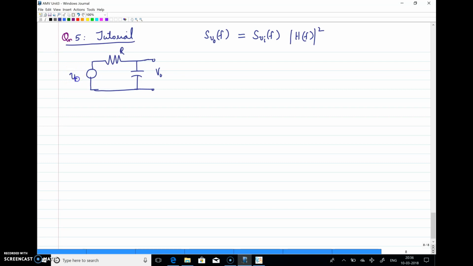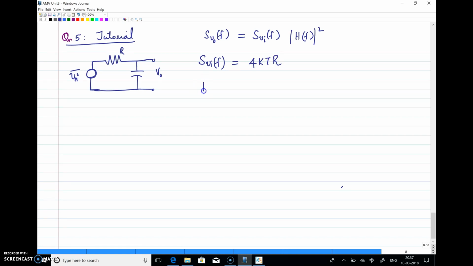A resistor is the component which produces noise, and that noise we have included here as the noise at the input. So directly I can write SVi of F, the input noise, which is nothing but the noise from the resistor. It can be written as 4kT into R.